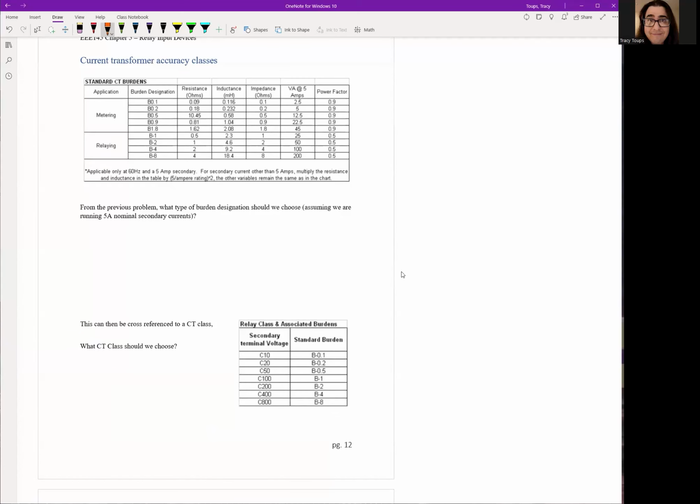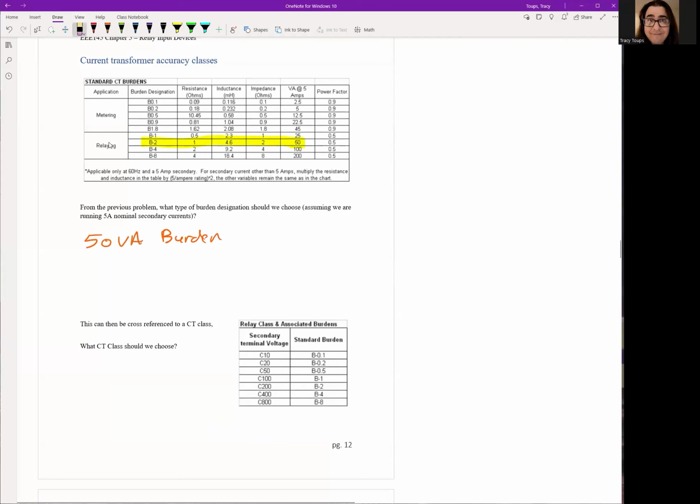So for the previous problem, what type of designation do we need? Well, we know we have 50 volt amperes. That's our burden. We can look up here where I have volt amperes in this column, and I see 50 right here. So this row right here is the type of relay I want.